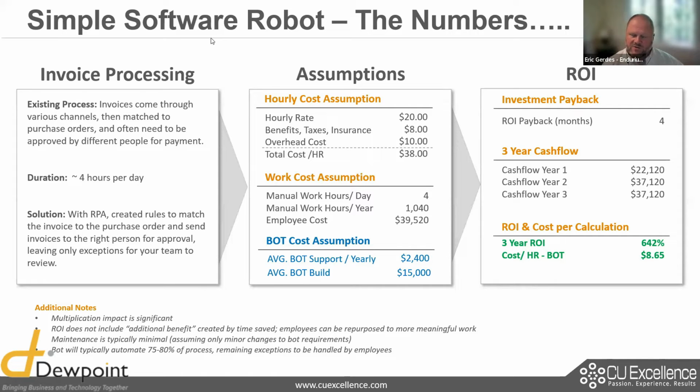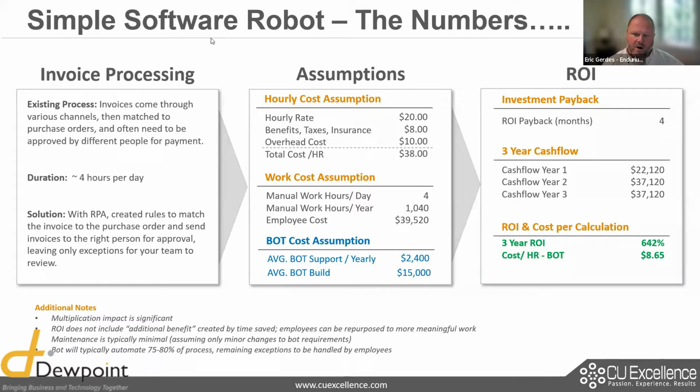You would have positive cash flow of $22,000 in year one, $37,000 in year two, which is really the only difference. In year two, I've replaced that $39,520 of work that I was paying for, and I've repurposed that person to do something else during those 4 hours or deal with the exceptions that have always been part of that person's day. It's a pretty simple math equation if you look at the $39,520 minus the annual $2,400.